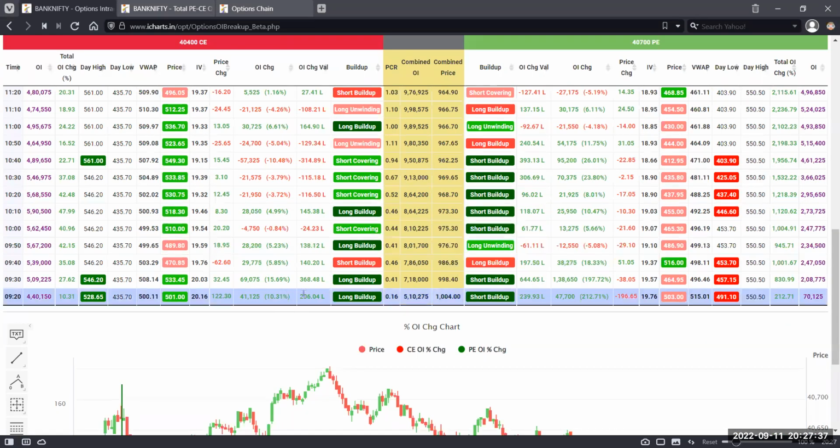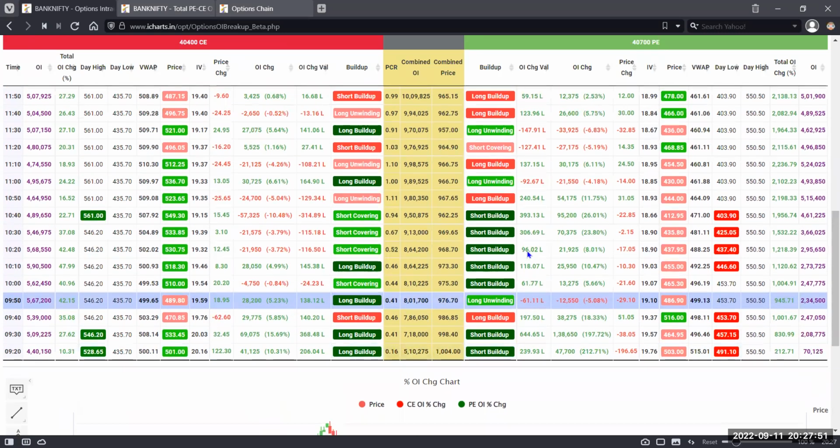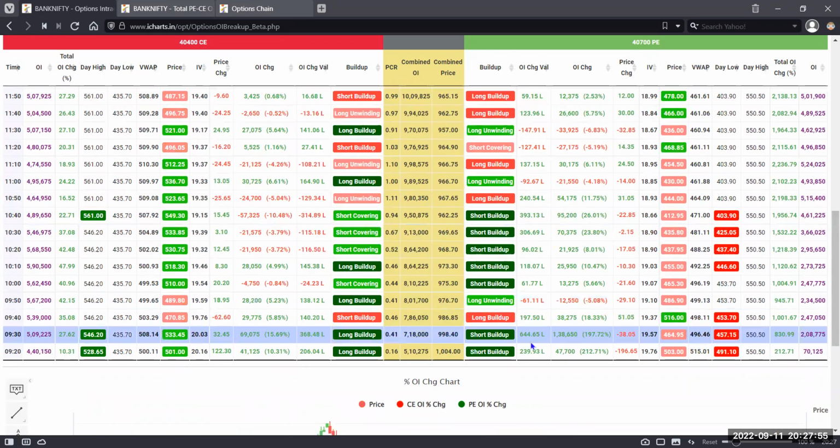Yeah, that's the reason you will not get immediate signals in the morning. In the first few minutes you will not get signals anyway, because both-side buildup will be there. You will get it slightly late, only once all the straddle sellers have initiated their morning positions and all algos are done with their initial morning setups.